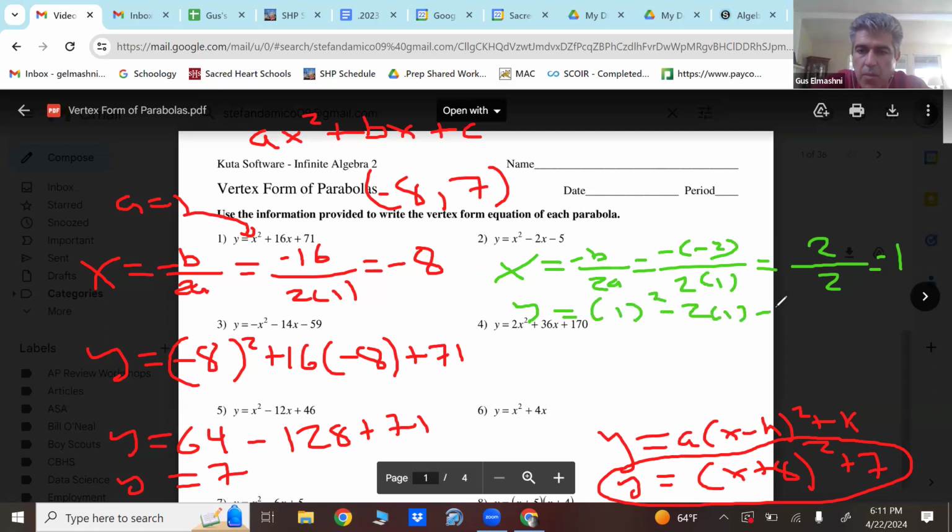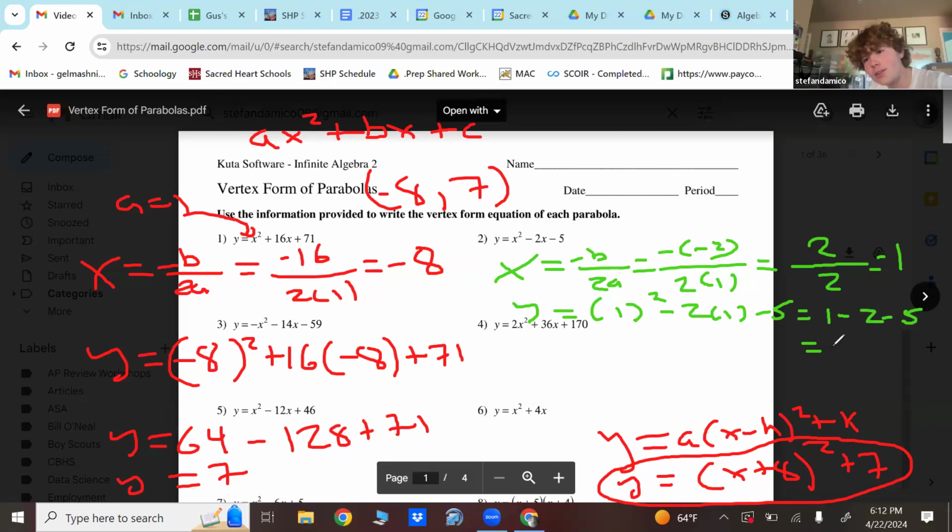So if you work all that out, what do you get? So 1 squared minus 2 minus 5. Close, take your time. What's 1 minus 2?